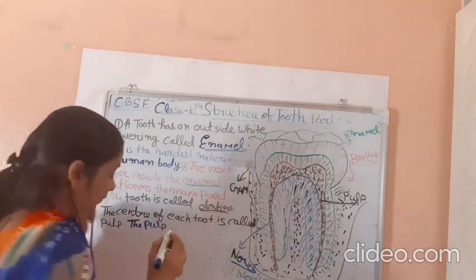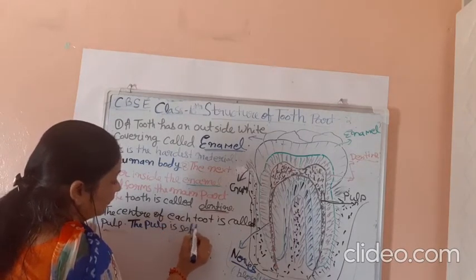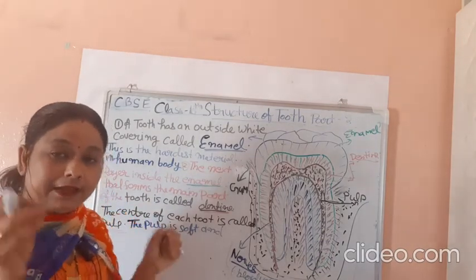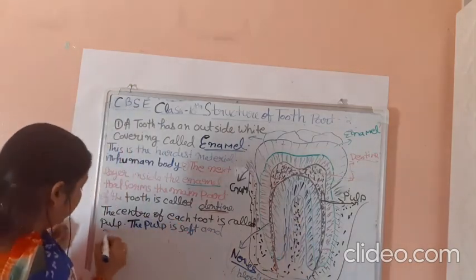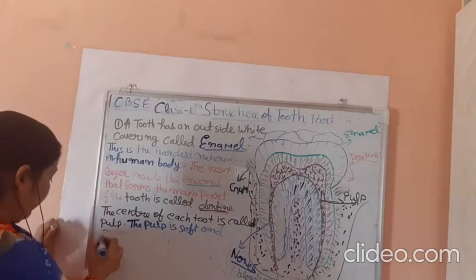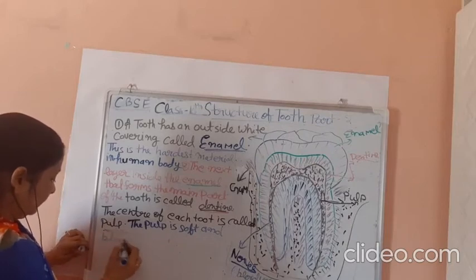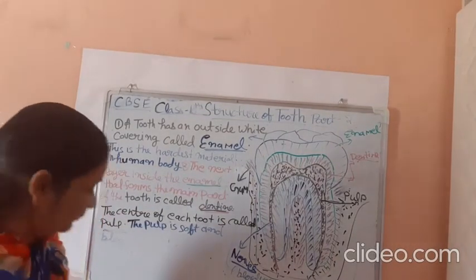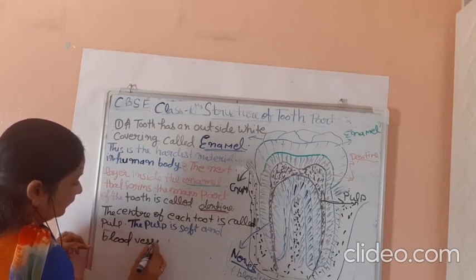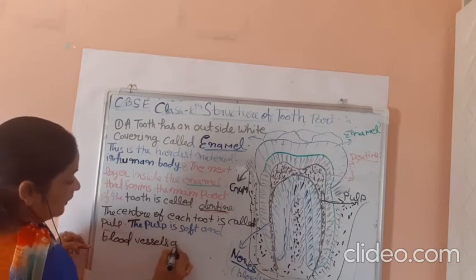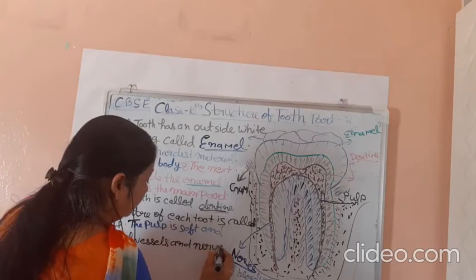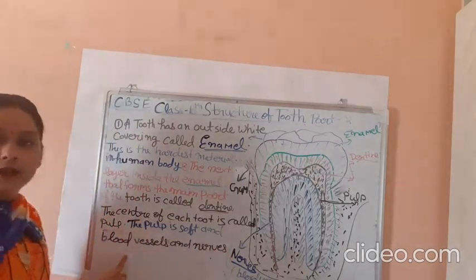Pulp is soft, and the blood vessels and nerves are present in the pulp.